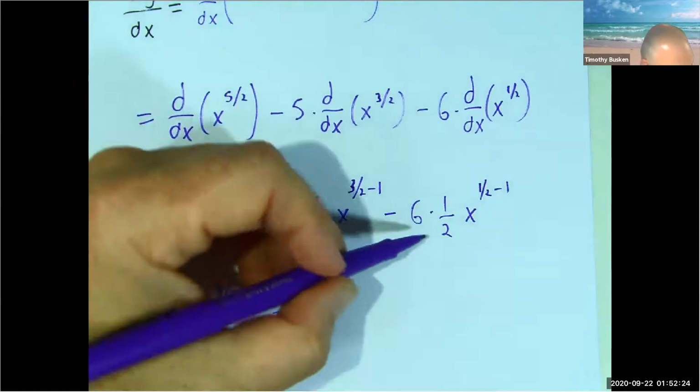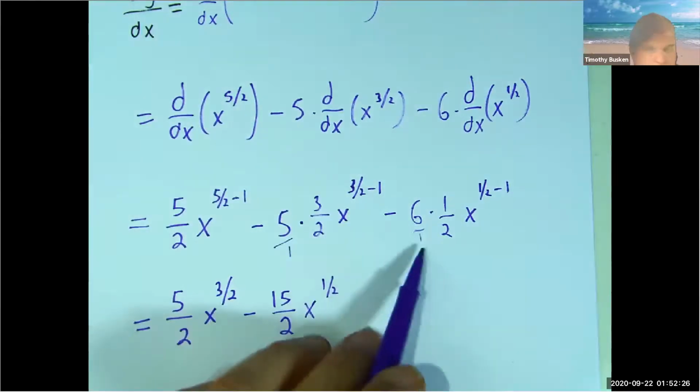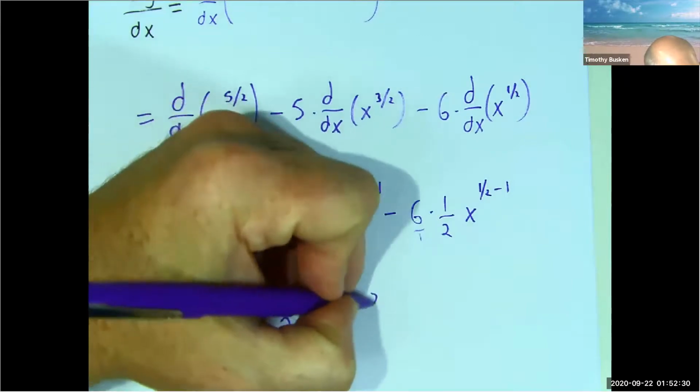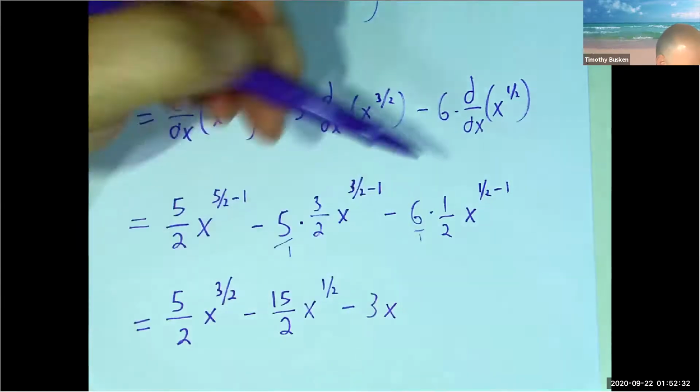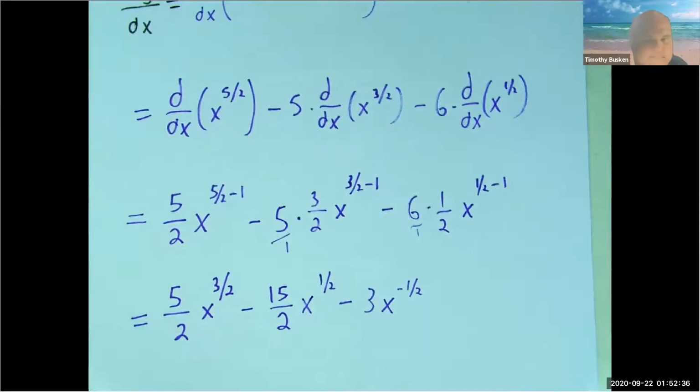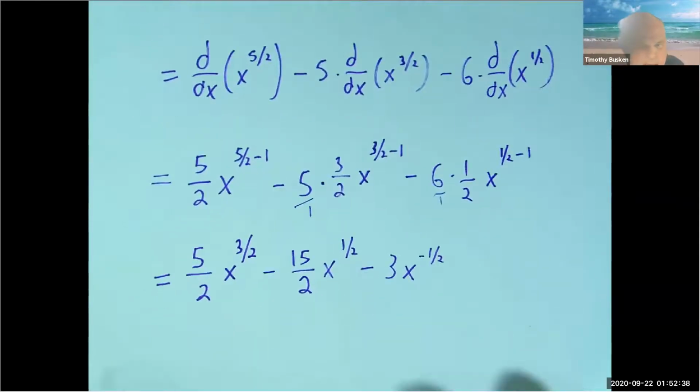And then over here, you can treat 6 like it's a fraction, multiply 6/1 times 1/2. That's going to give us minus 3x raised to, in this case, the negative 1/2 power. And so that looks fairly cleaned up.